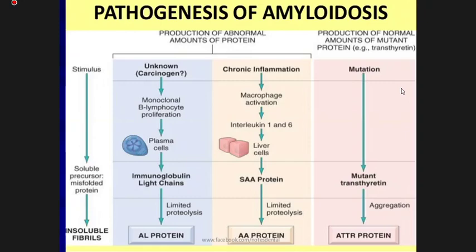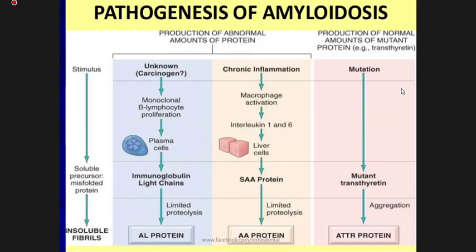Depending on what type of major protein or fibrillar protein it is, this will form a different chemical nature of the amyloid protein and be associated with a different type of medical condition.